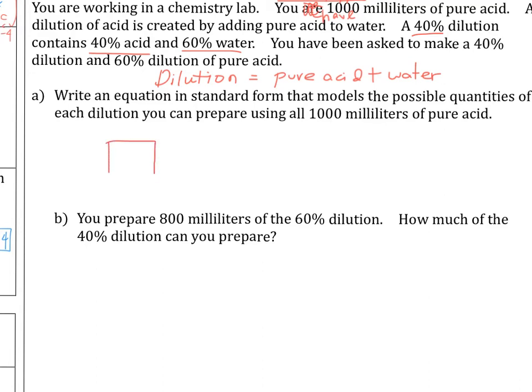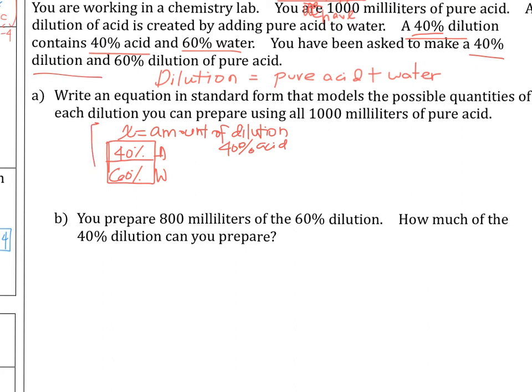So the dilution with 40% pure acid, and 60% water, I can let x equal the amount of dilution 1, or the dilution with 40% acid. And here it says you have been asked to make a 40% dilution.